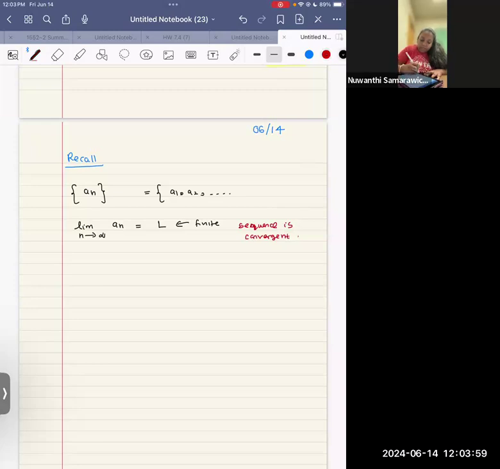If the limit as n approaches infinity gives infinity or negative infinity or does not exist, we say the sequence is divergent. So this is sequences.